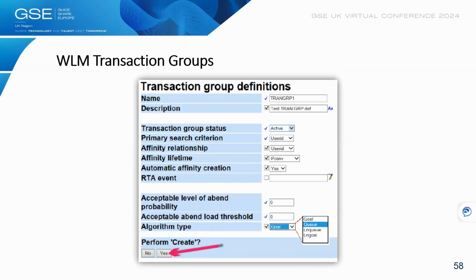And then as long as a user starts with one of those 4 transactions, or if I tell it the transaction that starts as tran 1 and the transaction that ends as tran 4, then it'll route the first transaction to any one of my AORs. But for the same user ID, it'll route 2 and 3 and 4 to the same region. So that's a pseudo conversational related affinity.